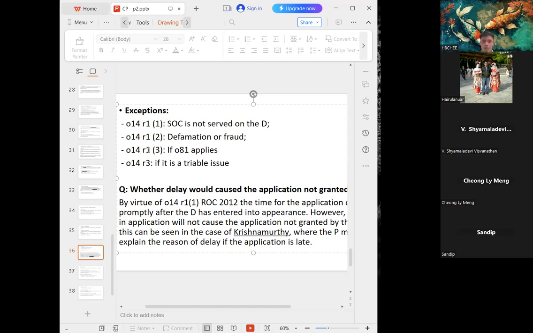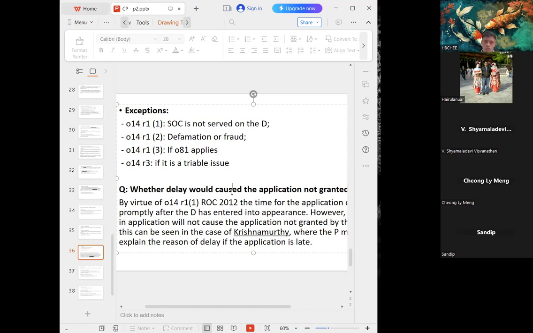And then Rule 1, Sub-Rule 3, if Order 81 applies. I will be explaining Order 81 later. It makes sense because we cannot use two things under one order. So when Order 14 applies, you cannot use Order 81. Okay, so Rule 3 is that if it is a triable issue.